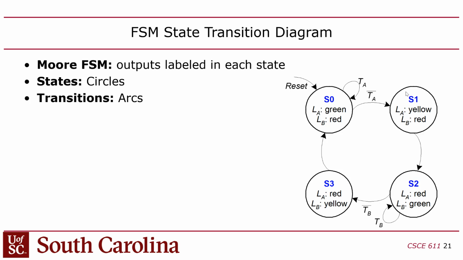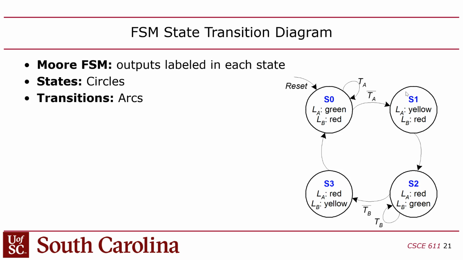And then each state has a corresponding output state. S0 is green academic and red bravado, S1 is yellow academic, red bravado, S2 is red academic, green bravado, S3 is red academic, yellow bravado. So I have outputs associated with each state.